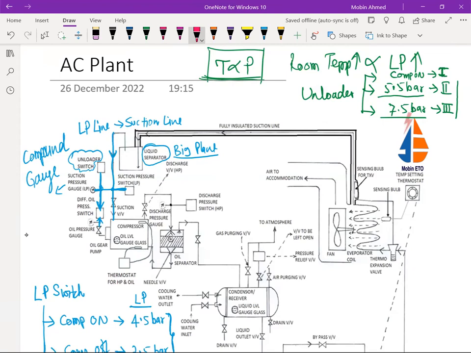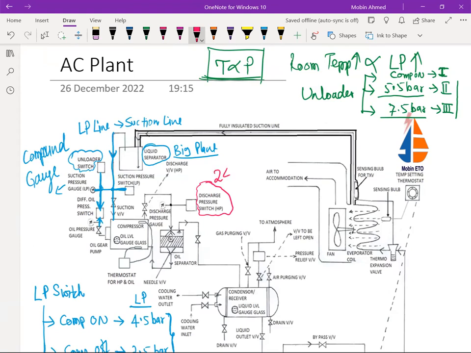At the discharge point, we have a discharge pressure switch, or HP switch. Generally it works at 24 bar, and it is also a manual reset.